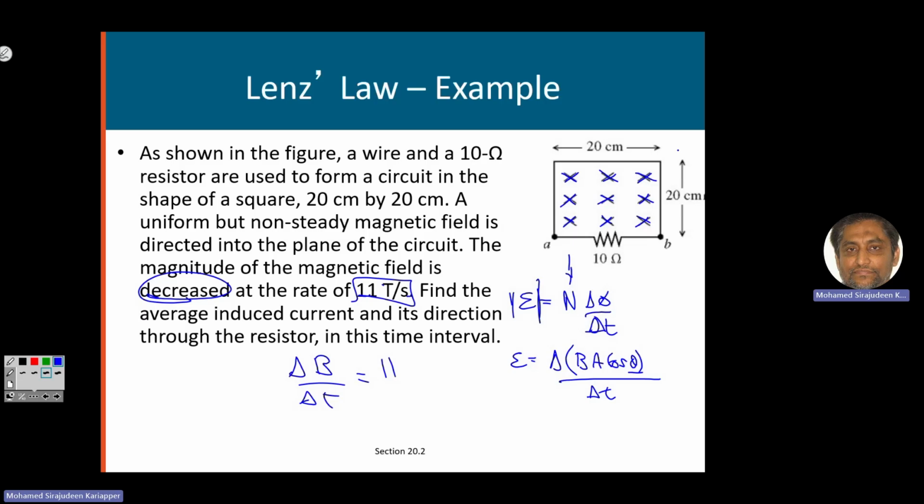They are in the same direction. The magnetic field is perpendicular to the plane, so the angle is equal to 0. Cosine 0 is 1. So I can forget about this. And A is not changing, so I can take it out.